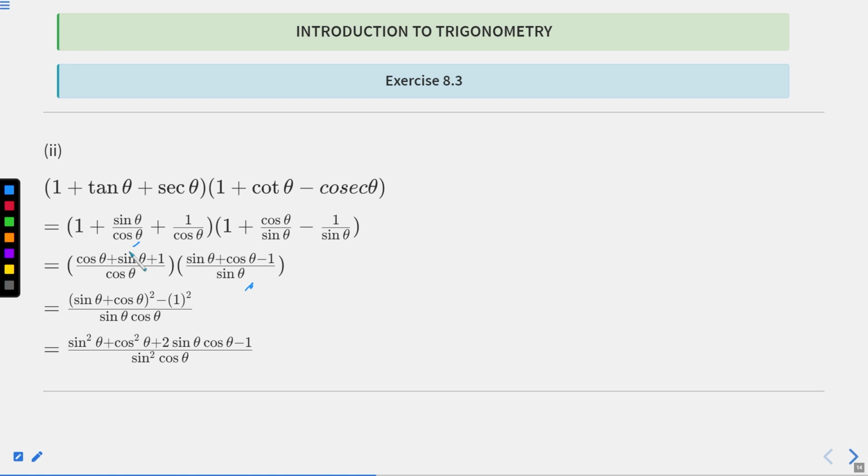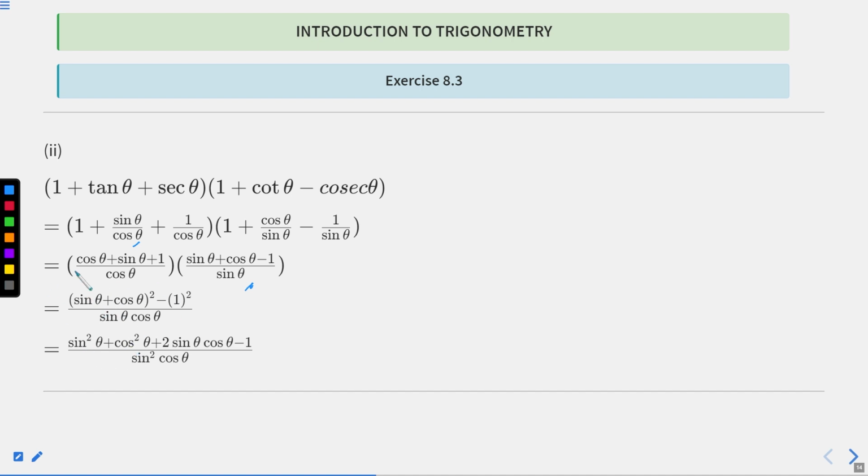Here you can imagine cos theta plus sin theta as a and 1 as b. Then if we apply the identity a plus b into a minus b equals a square minus b square, we get sin theta plus cos theta whole square minus 1 square, and in the denominator we have sin theta into cos theta.